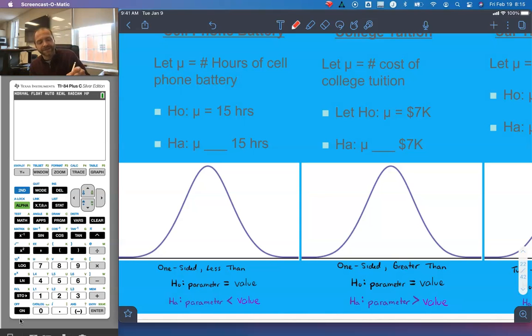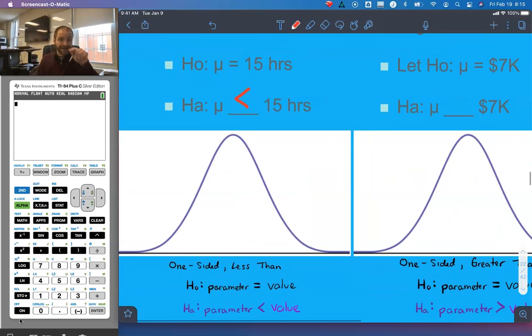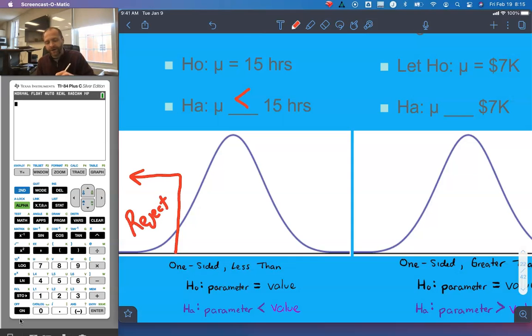The reason is because I would care if my battery life was less than what they told me. If I had bought their phone and its battery life was less than they claimed, I would be upset. I would reject their claim. I would reject the null hypothesis.